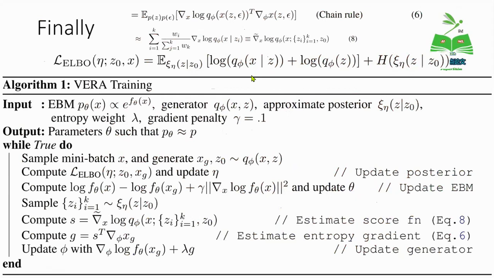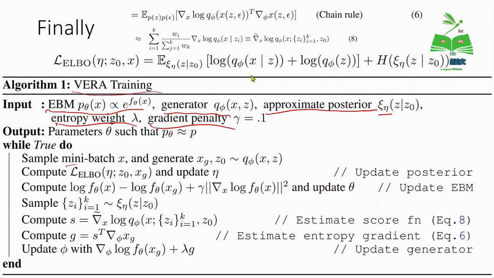Okay, finally, the training pseudocode of VERA. We have the energy-based model p theta. We have the generator q phi. We have the approximate posterior q eta of z0 given x, and the entropy weight and gradient penalty. So next, how to train it.